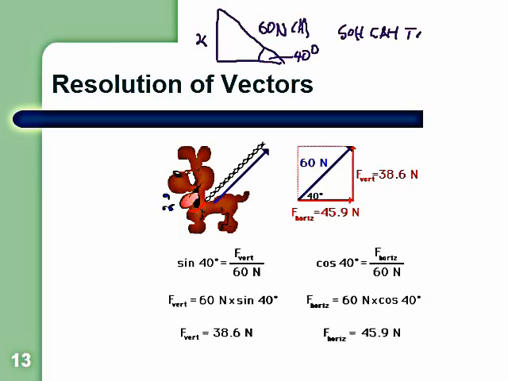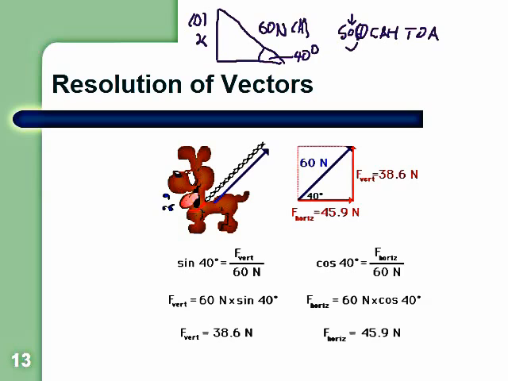Right. So we want to find out the value of x, which is going to be the opposite side of a triangle. So we can only use sine because we know the hypotenuse, which is 60 newtons, and we're trying to find the opposite.